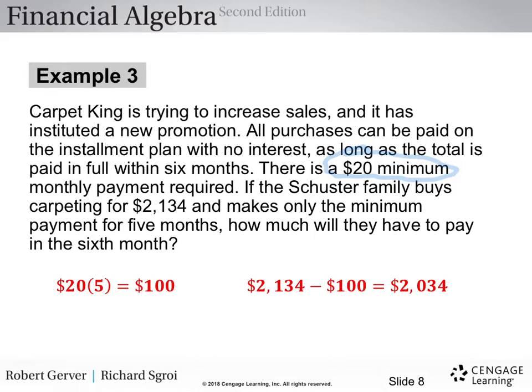All right, so for 5 months, $20 times 5, they've paid $100 in 5 months. Well, the 6th month rolls around and they have to pay off the balance. Well, the original price was $2,134. In 5 months, they've paid $100. That means they still owe $2,034, which they must pay in the 6th month.